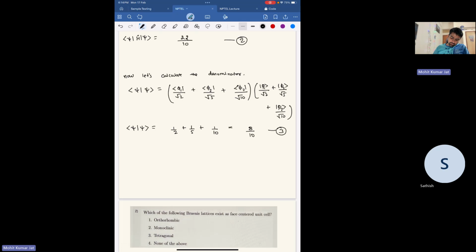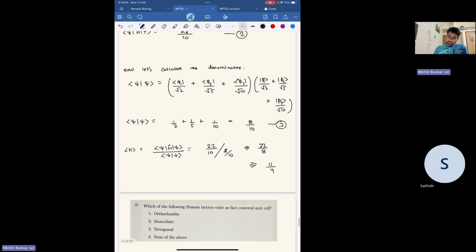So if you do it, we'll get 22 by 10 divided by this normalizing factor 8 by 10, and if you compare that equation, it will be 22 by 8. Divide it by 2, 11 by 4. This will be the answer.